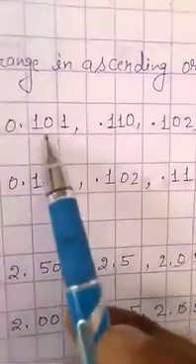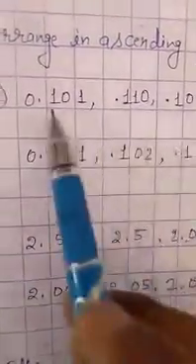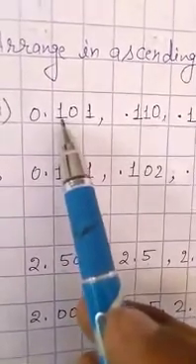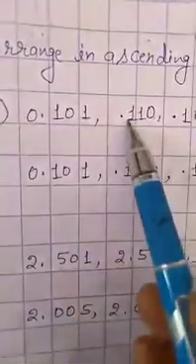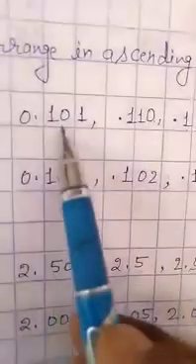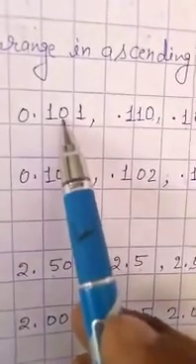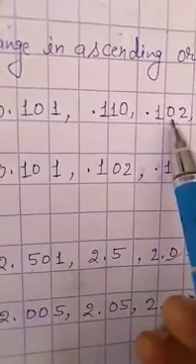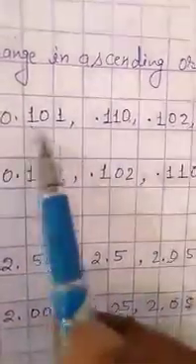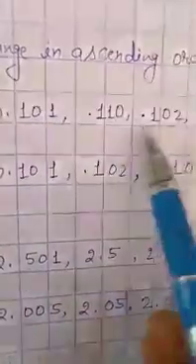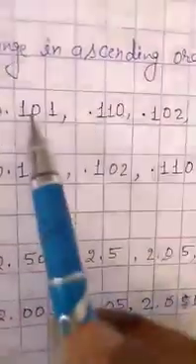So the smallest is 0.101, because after the point the first digit is 1 in all three. But the second digit after the point is 0, 1, and 0. So we compare 0.101 and 0.102. So 0.101 is the smallest number.